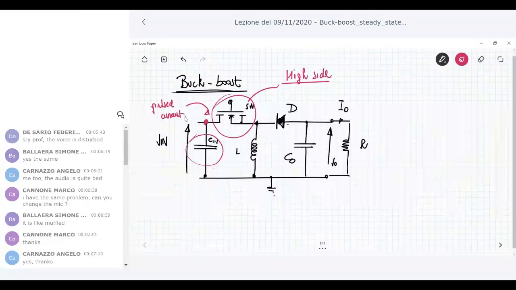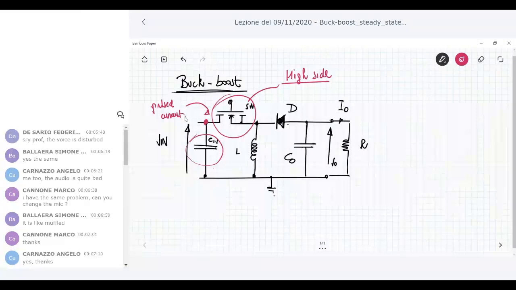But there are also some benefits of having a switch in that specific position, in series with the power flow. For example, we can control the inrush current.